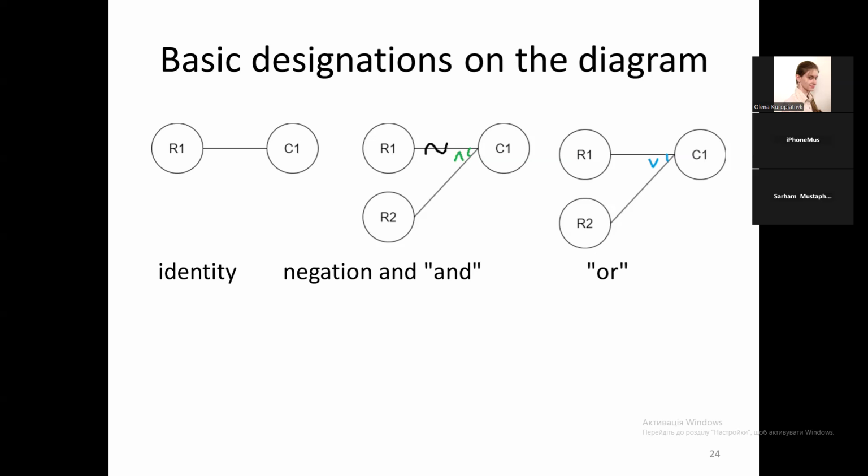When we have a simple connection between a reason and the result of working our function, we use only a solid line, and if we have a combination of reasons, we use negation, a sign for conjunction for and, and a sign for disjunction for or.